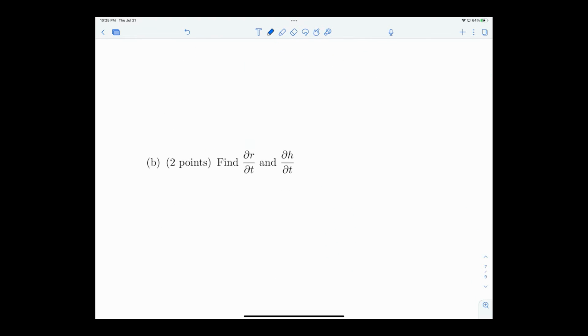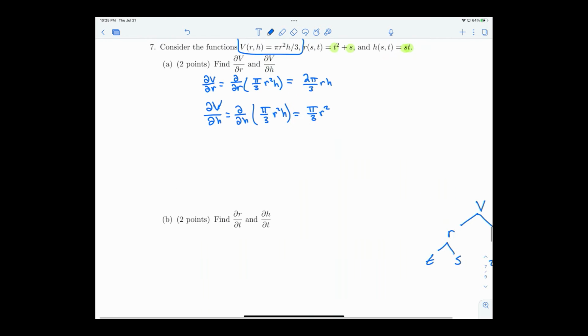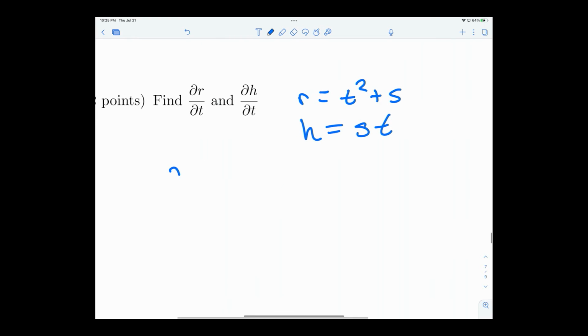Then we need to find the partial of R with respect to T and the partial of H with respect to T. So we need these formulas. So let me write them. R is T squared plus S, and H is ST. So partial of R with respect to T is, I'll write it, partial with respect to T of T squared plus S. So partial with respect to T of T squared plus S is 2T.